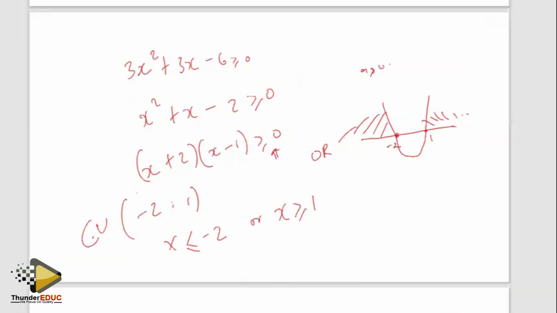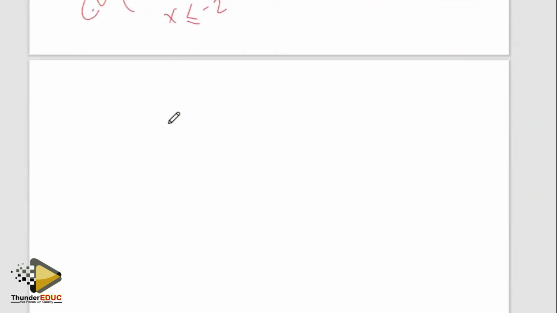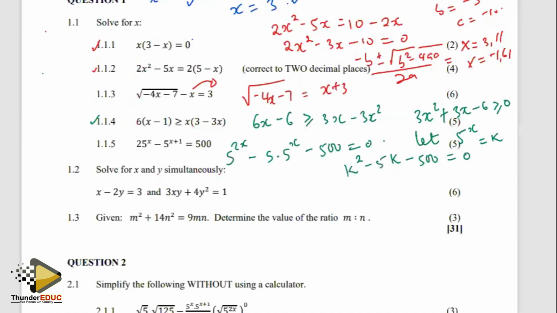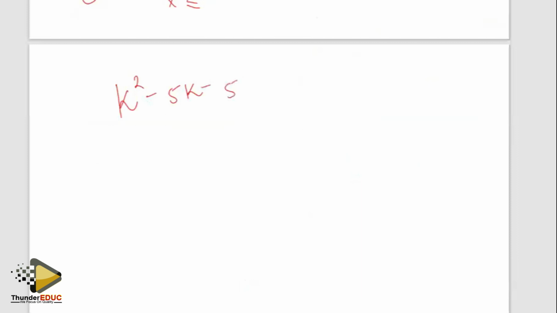Okay, let me put it aside where I have space. So it's saying k squared minus 5k minus 500 is equal to 0.